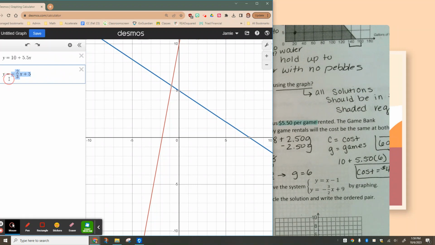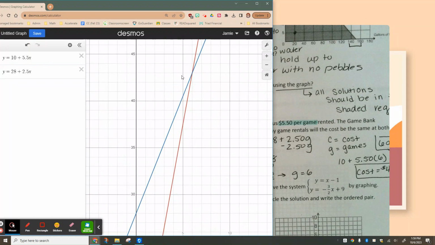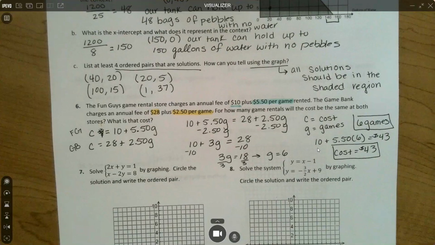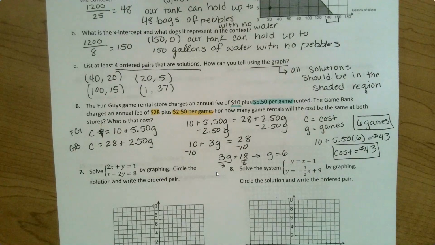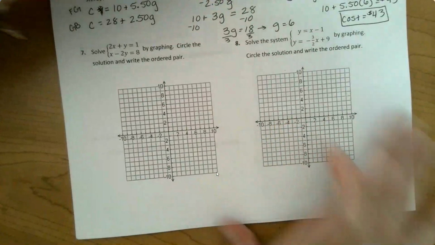And then we have 28 plus 250x. And then if you look, you've got your two graphs. We'll click and drag until we see where they intersect. And at 6 games, they equal $43. Okay. All right.